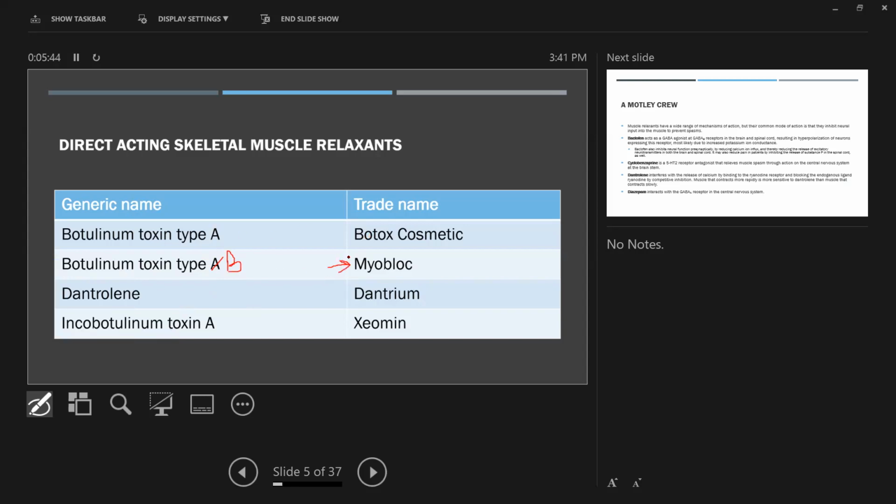Type A is the Botox that's also used for cosmetics. These are also used for migraines. They're not first line, but if you have a migraine that refuses standard treatments, this will usually be used.